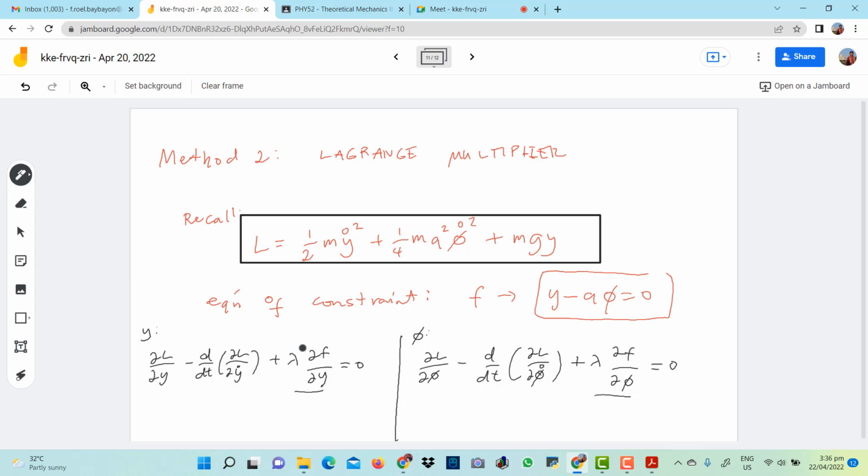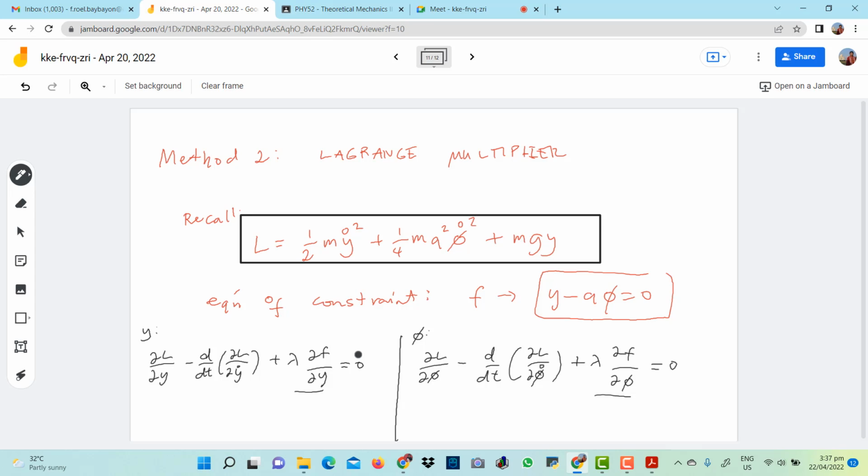So therefore, we will only get one lambda later. Okay? So I just call it lambda. I will not write lambda 1 and f1 because there is only one equation of constraints. But later, if I have many equations of constraints, then I can use lambda 1, lambda 2, lambda 3, partial f1, partial f2, partial f3, and so on. So in this case, I have lambda partial f with respect to y and lambda partial f with respect to phi.